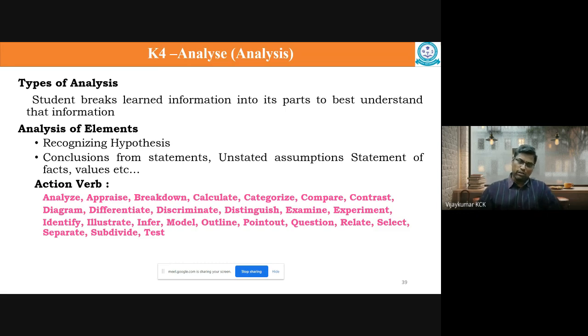Maybe like the quantification of problems: when we apply these values into the formula, what finally is the answer. So these are the K4 verbs for analyze: analyze, appraise, break down, calculate, categorize, compare, contrast, diagram, differentiate, and all that.